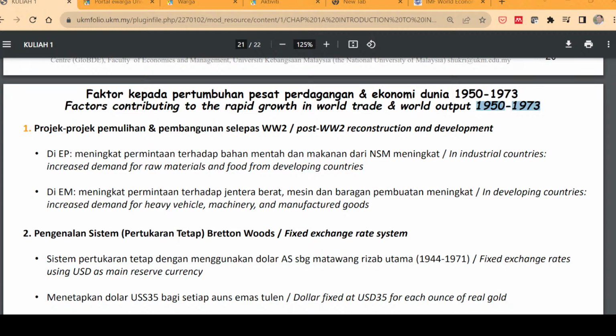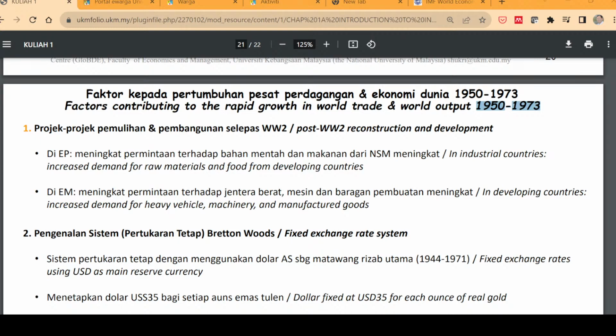Developing countries did not have the technology and capital to make all those lorries, heavy machinery, tractors, to build again the infrastructure. So they needed to import all those machinery and heavy vehicles for construction, as well as manufactured goods for consumption.